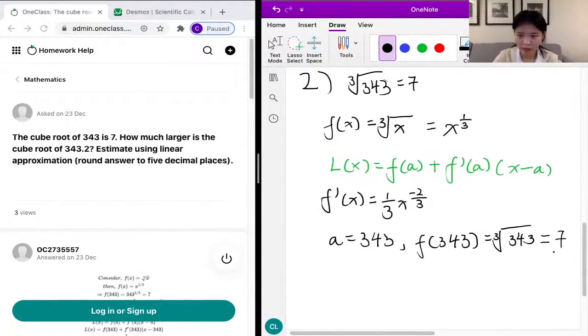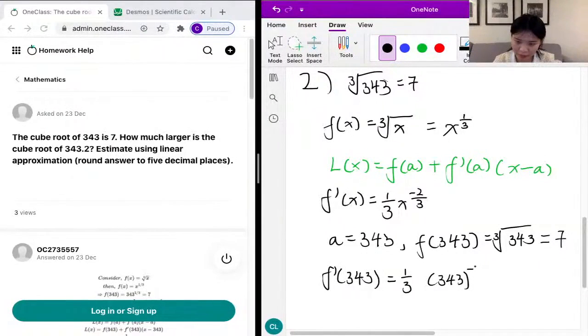Okay, so we already have the value f of a, and we now need to find f prime of a. So f prime of a is equal to 1 over 3 times 343, which is a, to the power of negative 2 over 3.